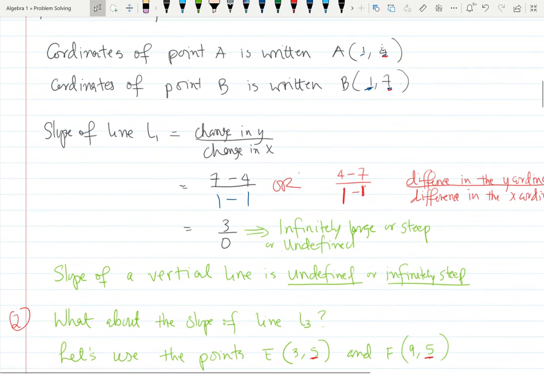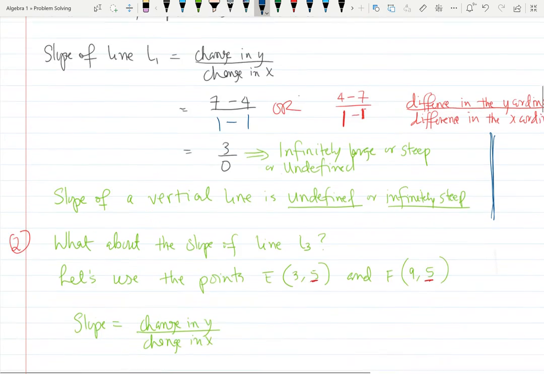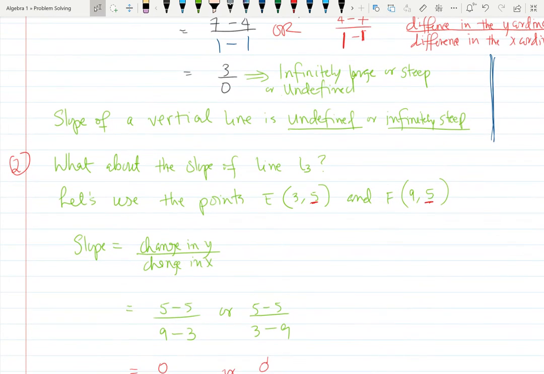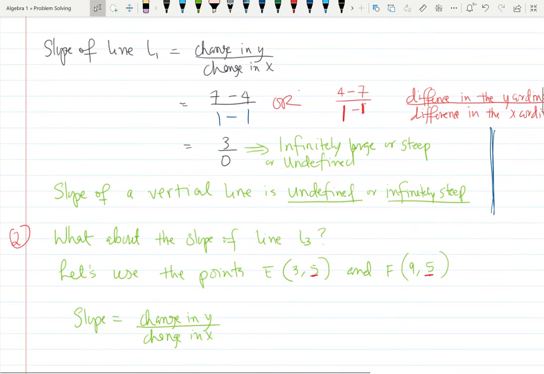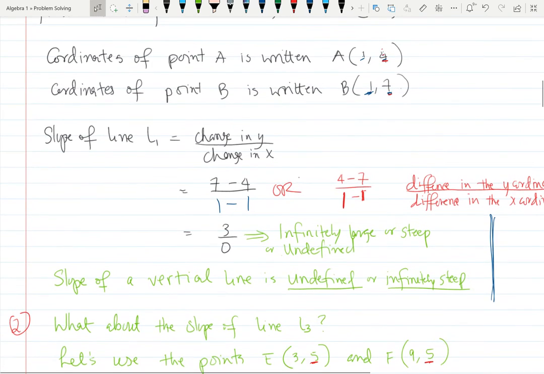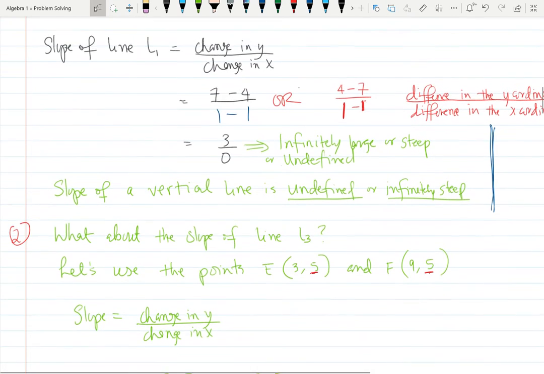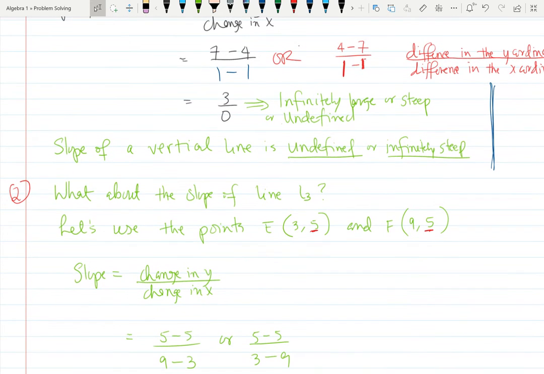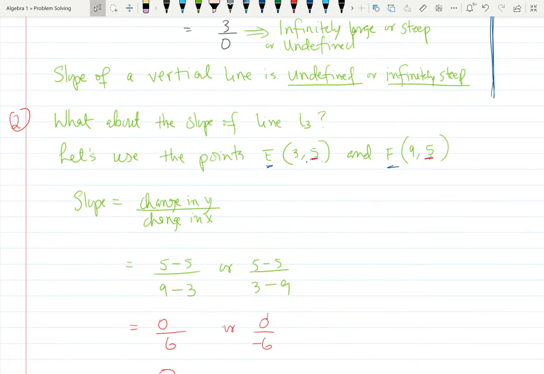So we say a vertical line is infinitely steep. Now if we look at line L3, we still need 2 points. We're using the point E and the point F. Still go with the formula: change in Y over change in X. You subtract your Y's, and then you subtract your X's.